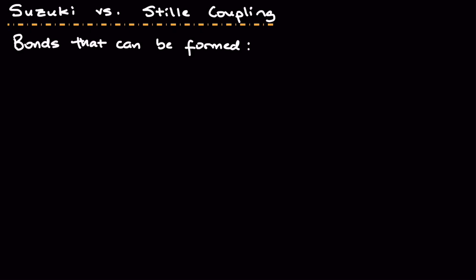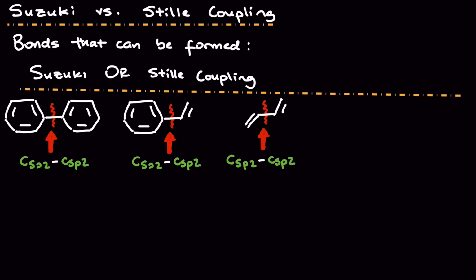Now let's consider the different kinds of bonds that can be formed for Suzuki versus Stille. Note that this is another way of asking what that substrate scope is for both of these reactions. So importantly, both the Suzuki and the Stille are really good at making carbon-carbon bonds with sp2 carbons.